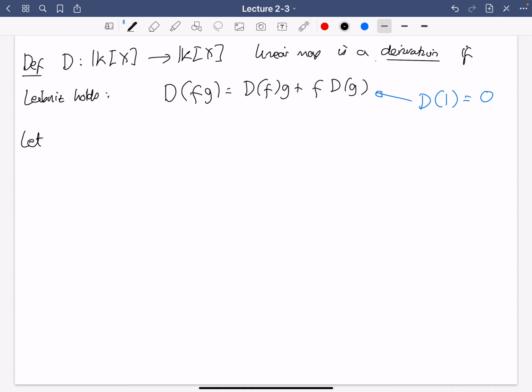I'm going to write Der(K[X]) for the vector space of all such derivations.